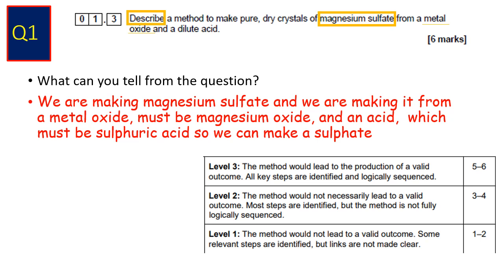To get a level 3 and get 5 or 6 marks, you want to have a valid outcome, so you've got the right chemicals, so you're going to be able to make the magnesium sulfate, and it's going to be a nice logical approach. So you want to think about how you can best lay out this answer. Pause the video, have a think about how you would answer this one.